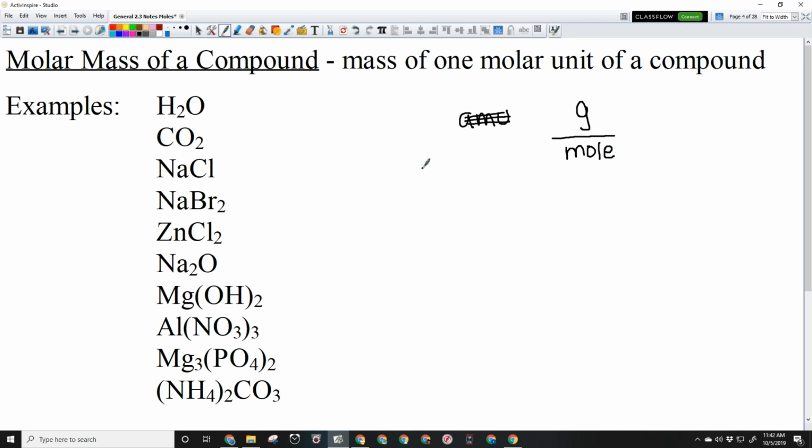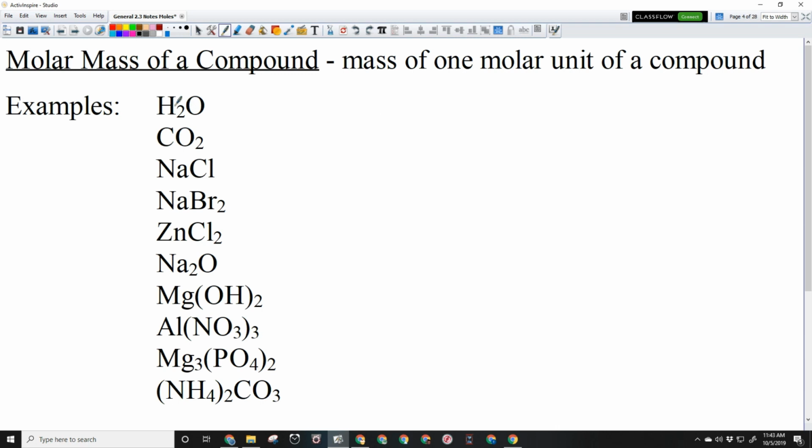So when we look at carbon, for example, on the periodic table, the average atomic mass of carbon is 12.01 grams per mole. Okay, so no more AMUs. Now this means grams per mole. So we are going to start looking at this concept called molar mass for compounds.